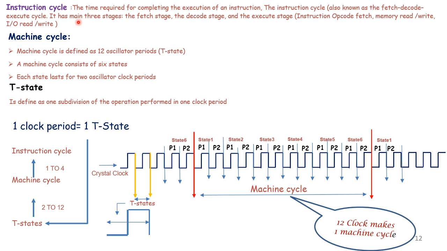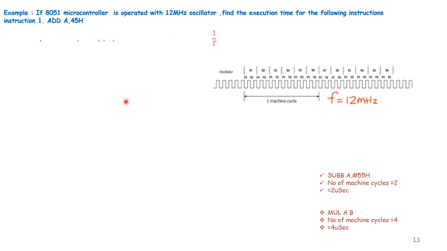It has 3 main stages: fetch stage, decode stage, and execution stage, and therefore operations like opcode fetch, memory read, input output read and write, memory read and write. These operations are executed in one instruction, and this instruction cycle is constructed with machine cycles. So this is about the machine cycle.